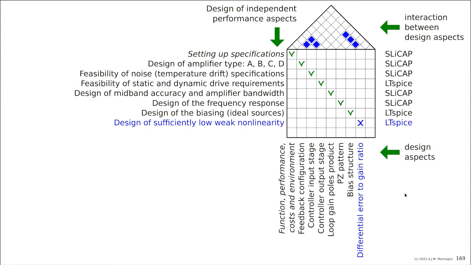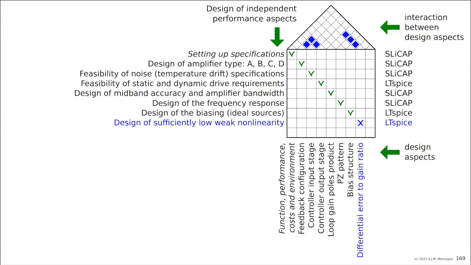And this means that we are going to do something with a differential error to gain ratio. If loop gain is capable of reducing nonlinearity, then if we add a stage, we want this stage to add less nonlinearity than it adds loop gain, which means that the differential error to gain ratio of a stage is a figure of merit for a stage.